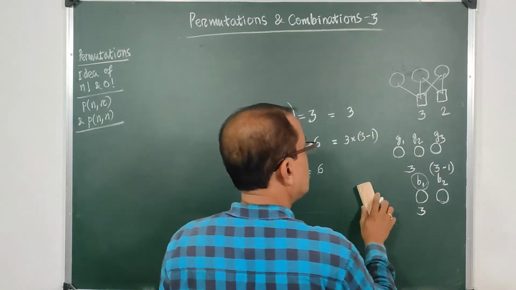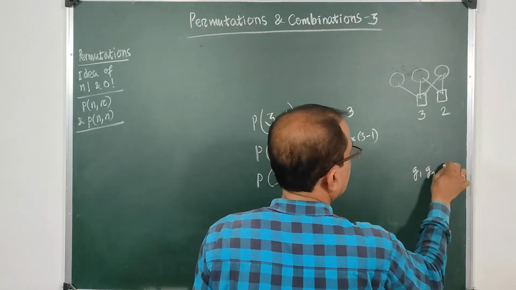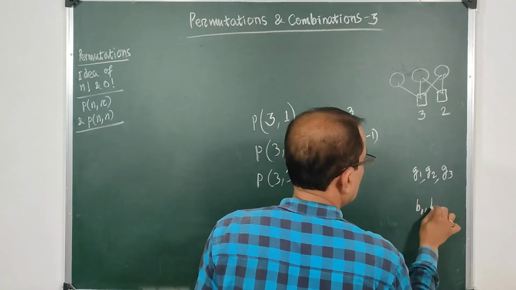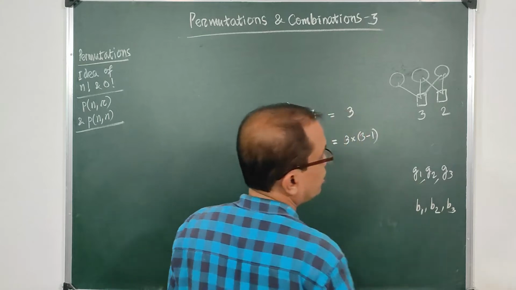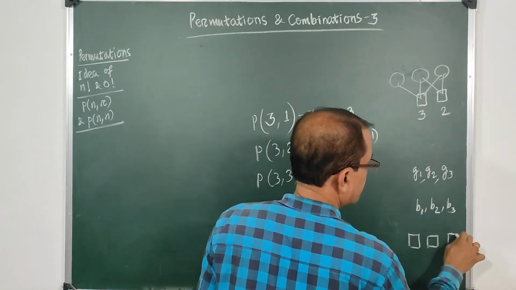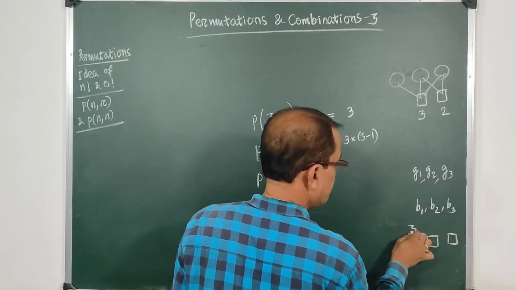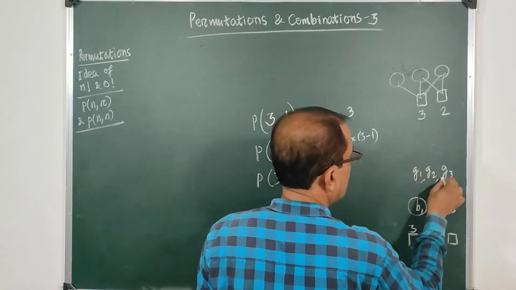And what about the 3 things? If there were 3 girls going to choose from 3 boys as bridegrooms, what would be the number of such cases? For the first, there will be 3 choices. The first boy can be chosen by any one of the 3 girls.